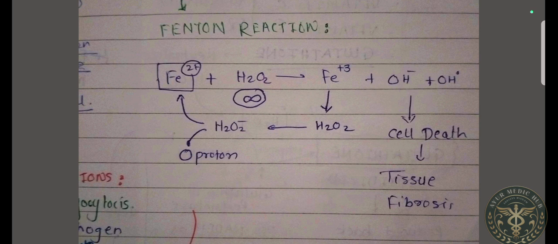This reaction is reversible when Fe3+ combines with hydrogen peroxide. It gets converted into Fe2+, and one proton is lost. So this is a continuous reaction causing buildup of OH minus and OH free radical in the cell, leading to cell death and tissue fibrosis.